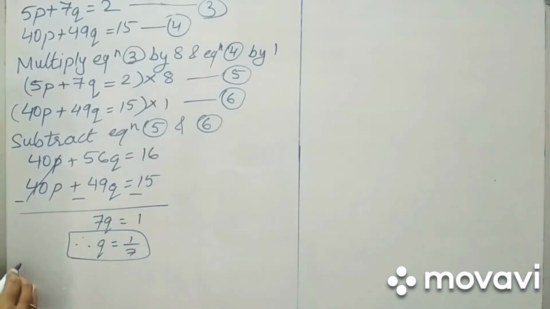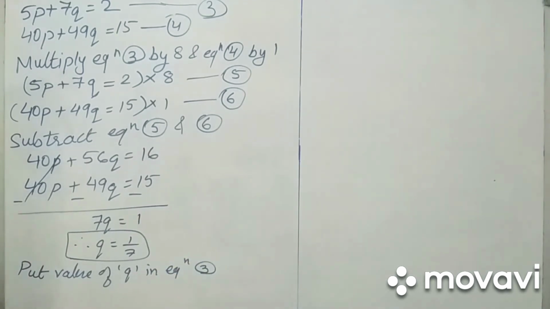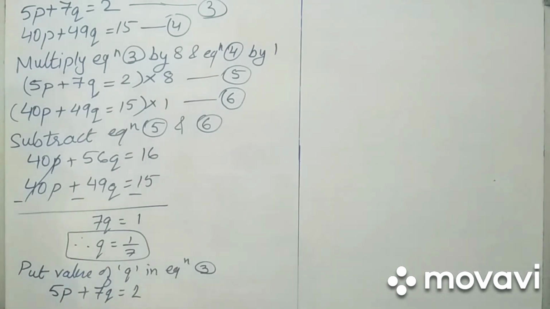Now, put the value of q in equation 3, which is 5p plus 7q is equal to 2.